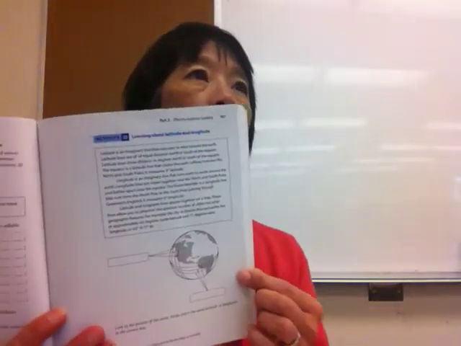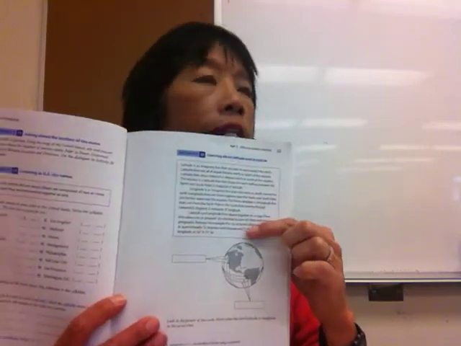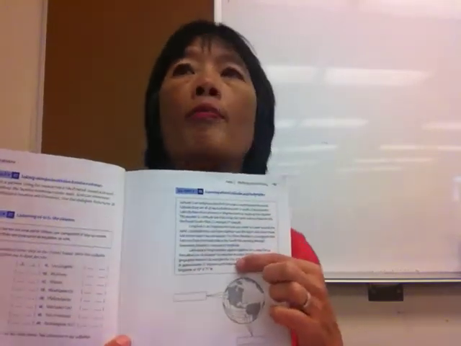Now, how about the numbers? So 0 degrees is the equator. And then as you go up from the equator, the number gets higher, all the way up to 90 degrees. So 90 degrees is at the North Pole.